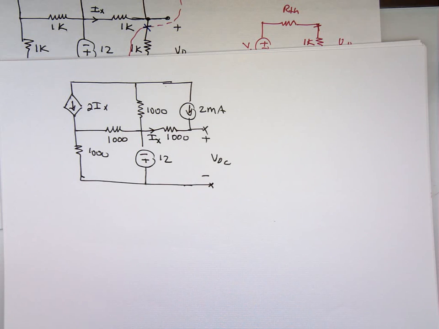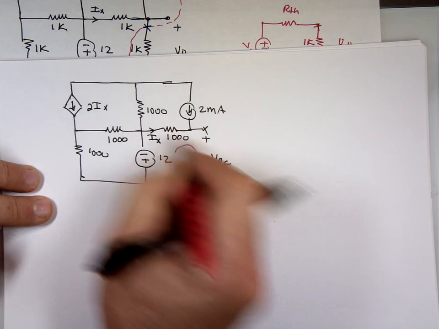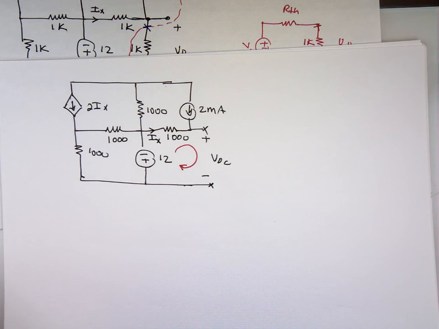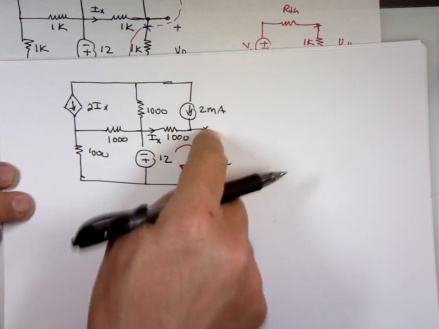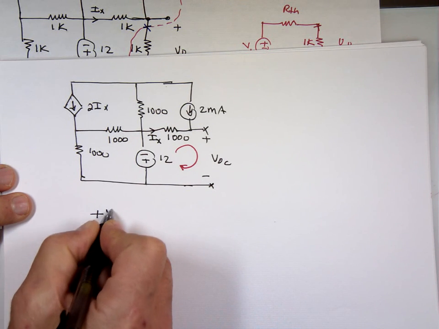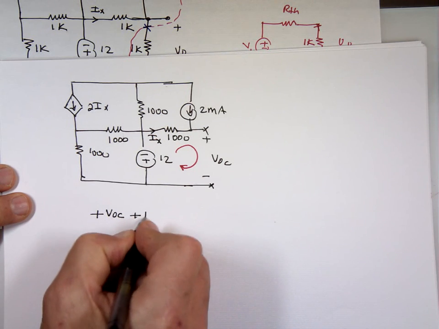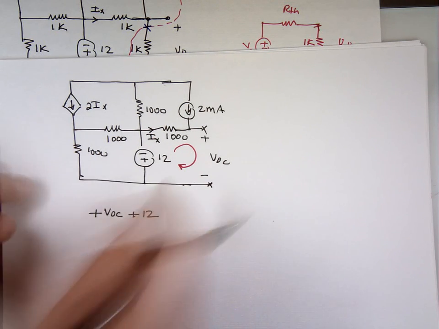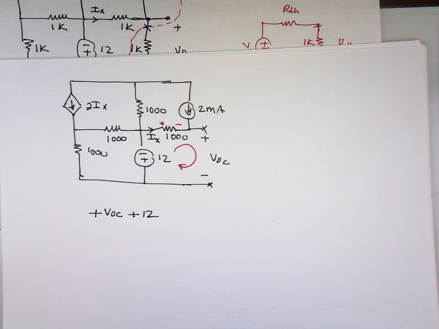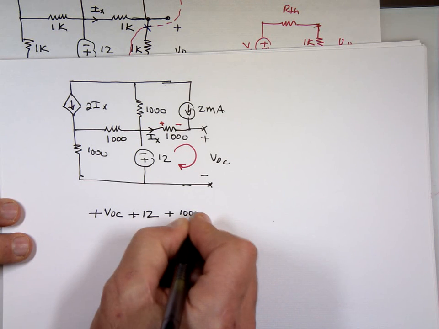If I do a KVL right here, just into this loop, plus to minus, that's plus V open circuit, right? Plus to minus, plus 12. Currents go in this direction, I'm going to mark it plus to minus, plus 1000 I sub x equals 0.